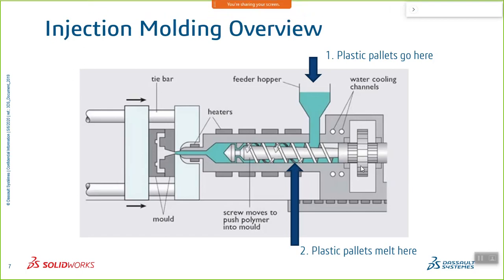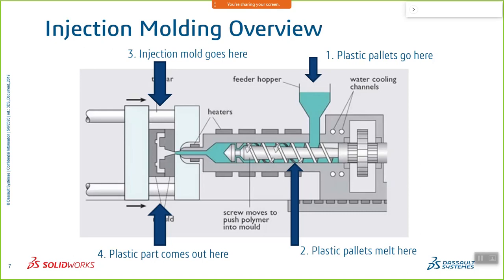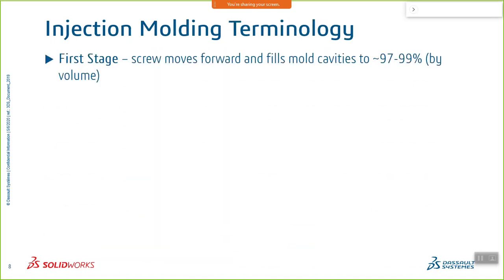And once they are melted, the next thing is the injection into the mold. This is our cavity, and the plastic part comes out. So this is a pretty simple procedure. I'm just revising these things, so you already know all of them. I'm just doing the revision. Yeah. And there are certain stages.